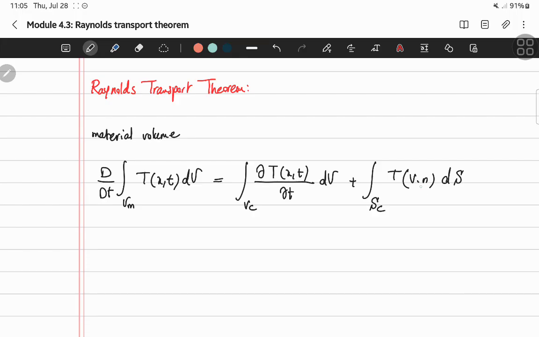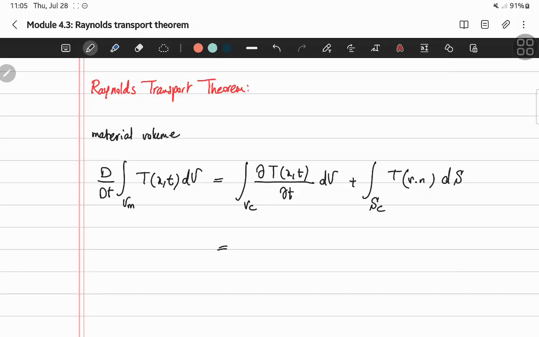Here, this is small v·n. So basically our integral is changing from a material volume to a control volume and control surface.